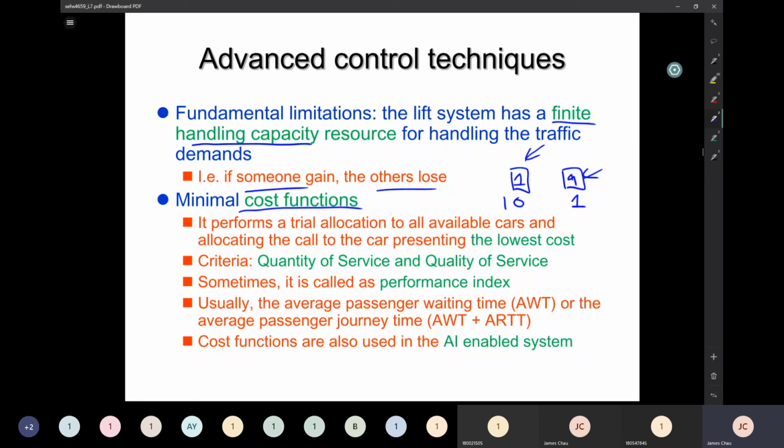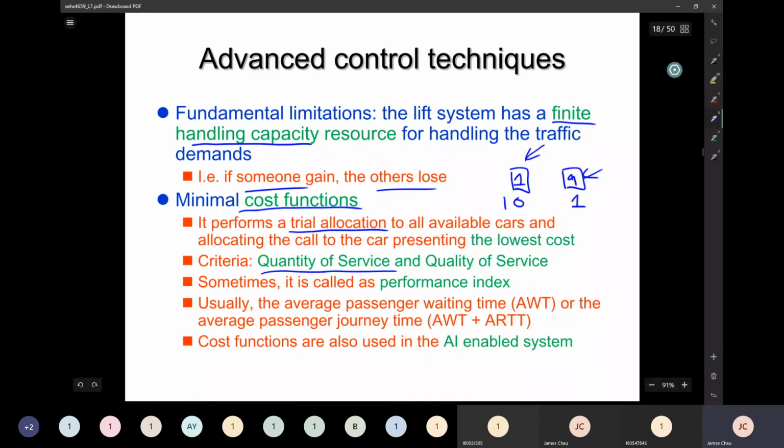Actually, it relies on simulation, because we will run some trials, collecting the available car and also the car cost, and then we minimize the cost function.